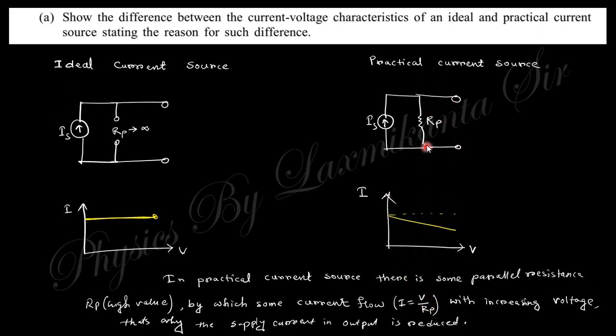So the source current is reduced at the output, because the output current is nothing but the source current minus the current through this resistance. That is the difference, and that is the cause why this current is reduced.